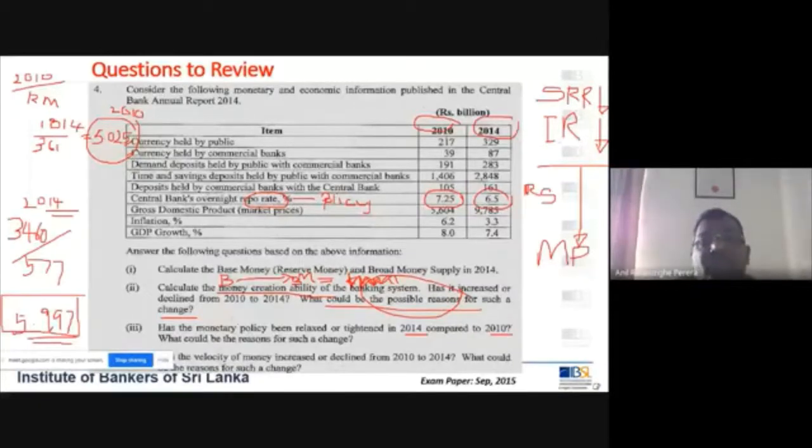Because central bank overnight repo rate has come down from 7.25 to 6.5. So it's very clear, monetary policy has been relaxed, allowing more economic activities and space. Now, the question is, what could be the reason for such change?